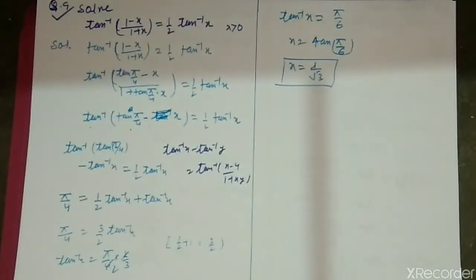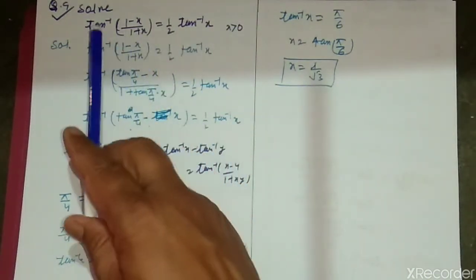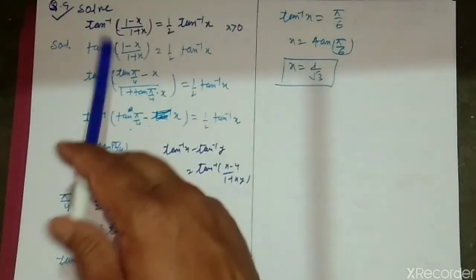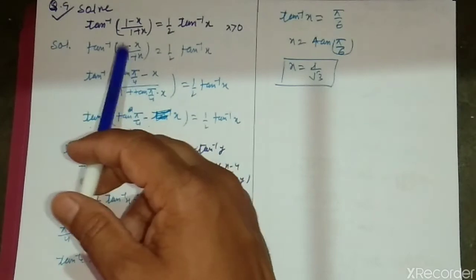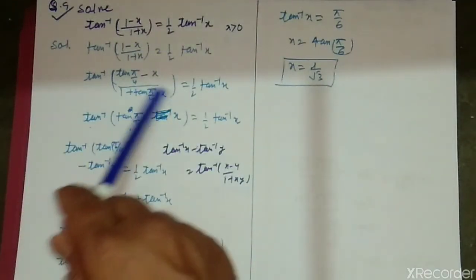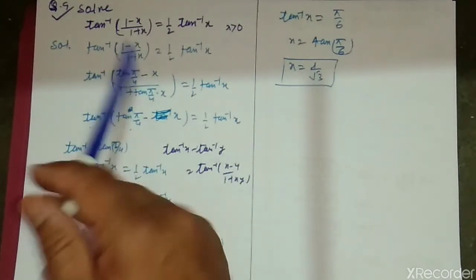I am explaining it again, so that tan inverse (1 minus x) upon (1 plus x), this is given to us. So you have to find the value of x when it is written solve. तो आपको क्या करना है, आपको x की वैल्यू फाइंड करनी है. So when we are going to solve, we can first of all take a trick over there.